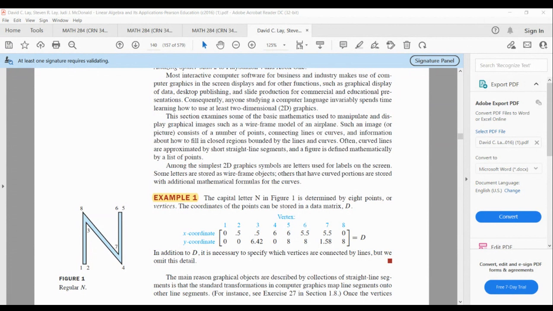Vertex 2 is just to the right of vertex 1, so its x coordinate is a half in this case, but the y coordinate is still 0.